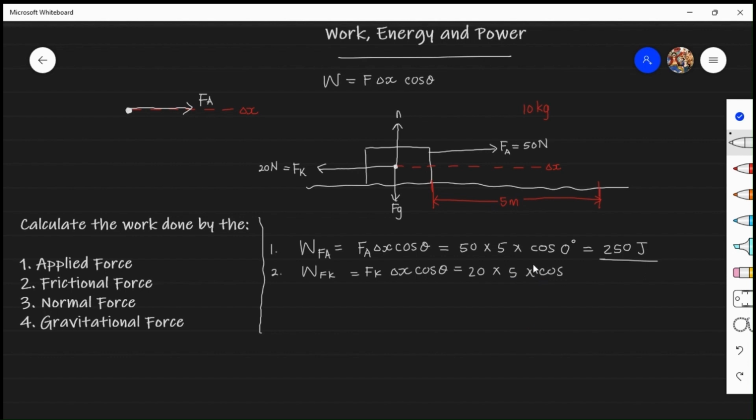Now, let's go back to our free body diagram and put in our kinetic frictional force vector. So, as you can see, kinetic frictional force is parallel to our displacement but moving in the opposite direction.